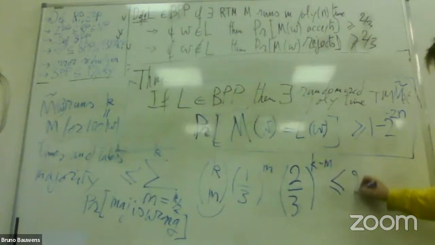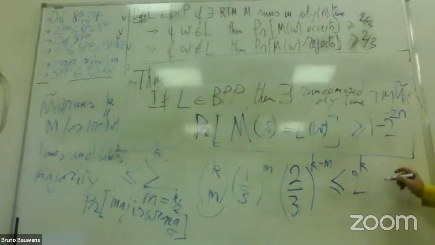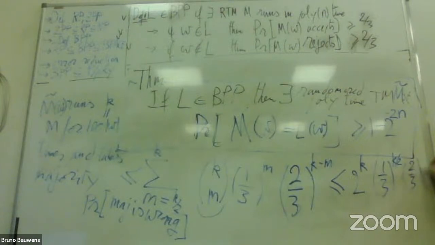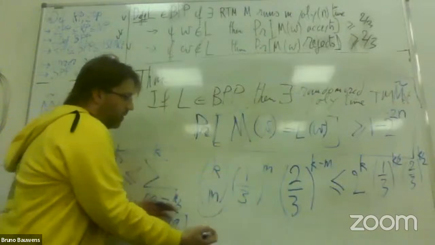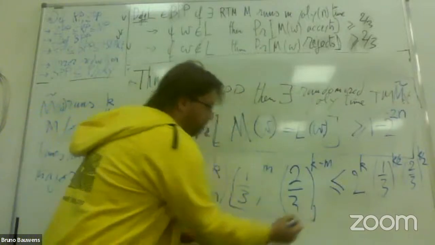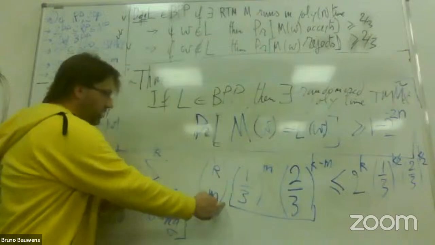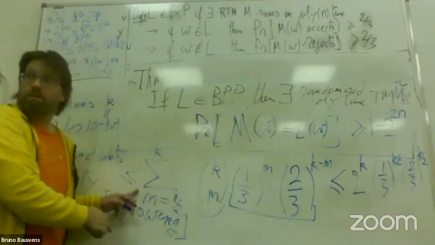So this is bounded by 2 to the power K, 1/3 times K over 2, 2/3 times K over 2, and multiplied by K. So what we did is we took the worst case for this part, and then we sum here.